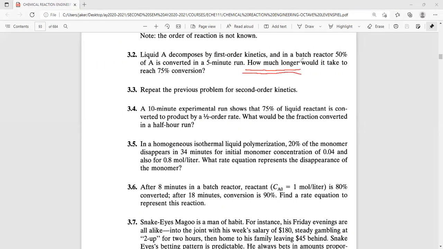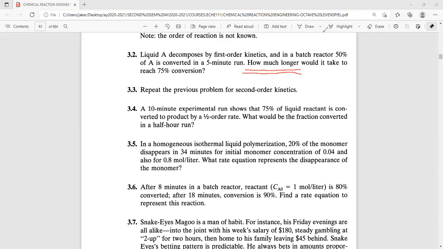How much longer would it take to reach 75% conversion? So what should be your answer based on the question? The answer should be 5 minutes.